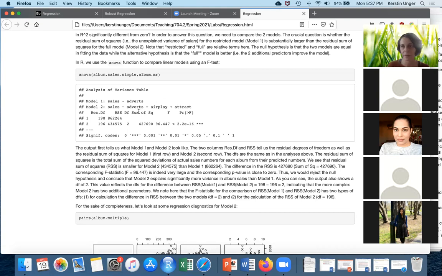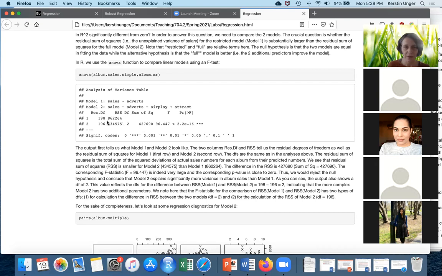We have 2 more predictors, so we are losing 2 degrees of freedom. That's why you can never use ANOVA to compare 2 models that have the same number of predictors. Then you have 0 degrees of freedom, so that doesn't work and cannot be estimated.